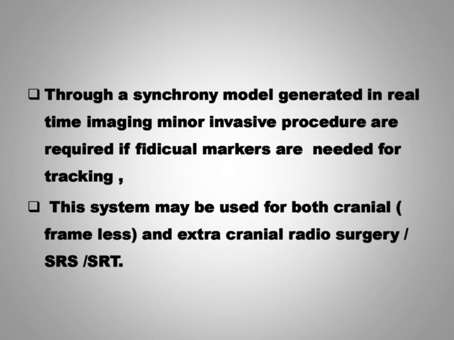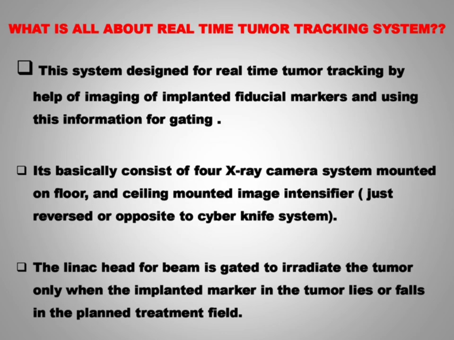The couch and robotic head, you can say gantry and couch, are guided through an automatic process. Several tracking methods may be used depending on the tumor treatment site. You see here the CyberKnife system.